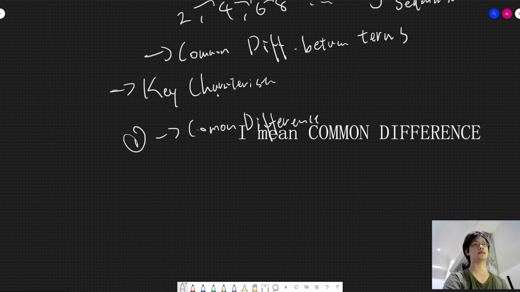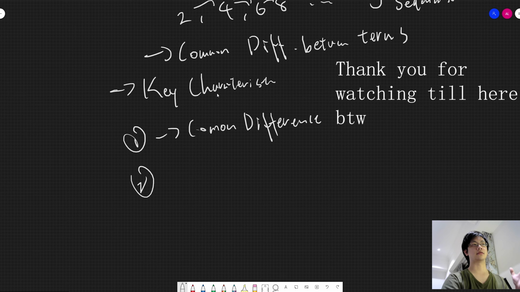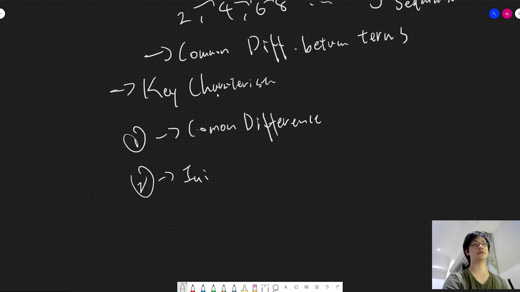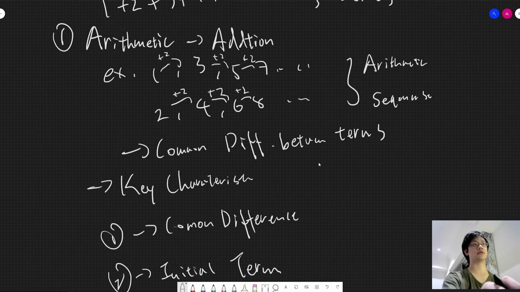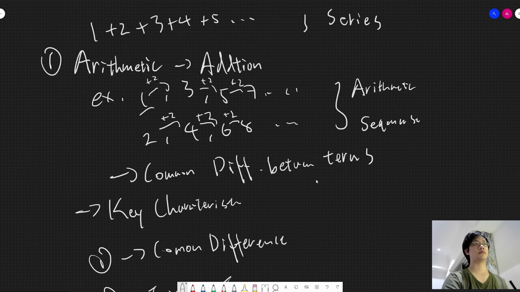So what's another thing? Well, it's also important where you start, right? So the initial term is also key. Let's say you have a common difference of 2, which is actually the case if we look at these two: 1, 3, 5, 7 and 2, 4, 6, 8. They both have the common difference of plus 2, but they are completely different sequences because they start at a different number.